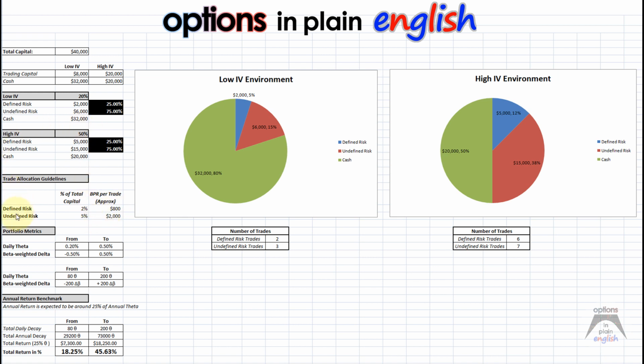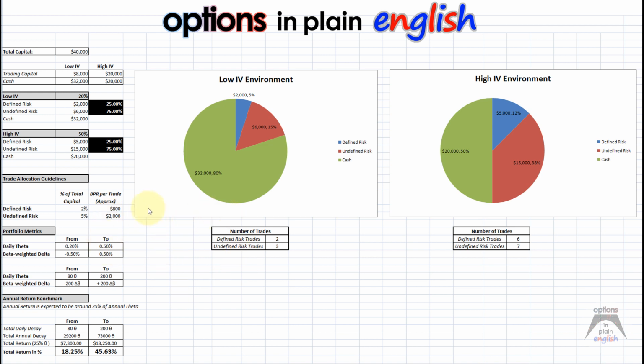And every undefined risk trade is going to be allocated 5% of total capital. So it's going to be allocated around 2,000. Again, these numbers are not going to be exact. They're not going to be, down to the cent exactly what we're going to assign, but it's a good number to shoot for when we're trying to put on those trades.